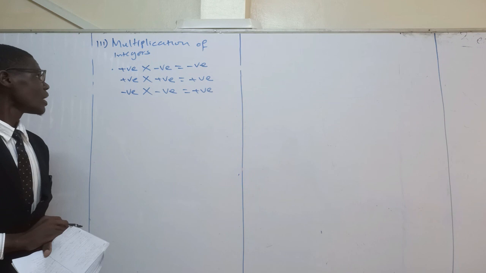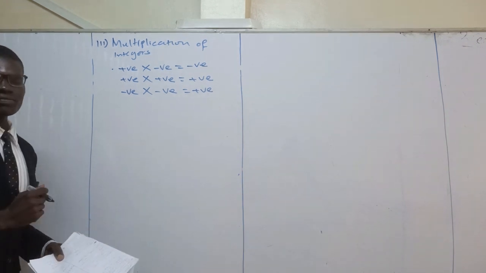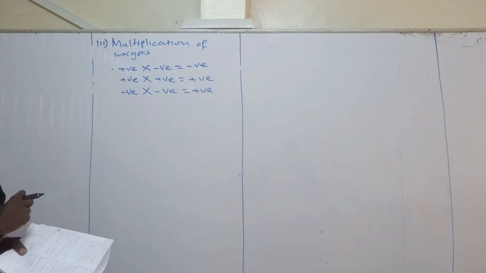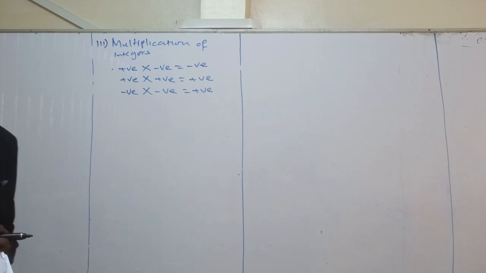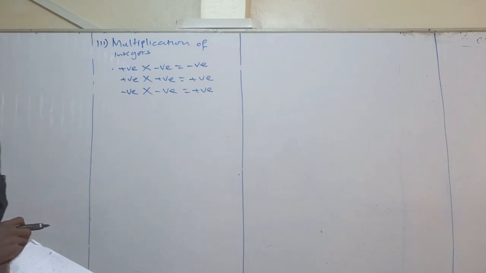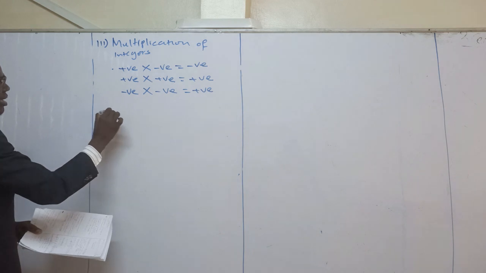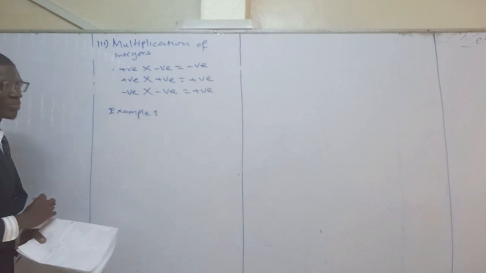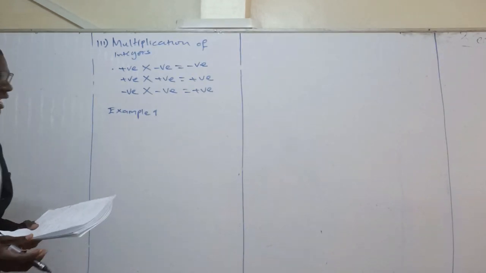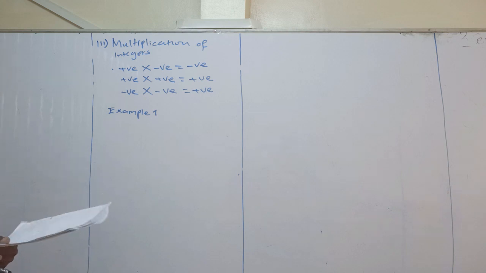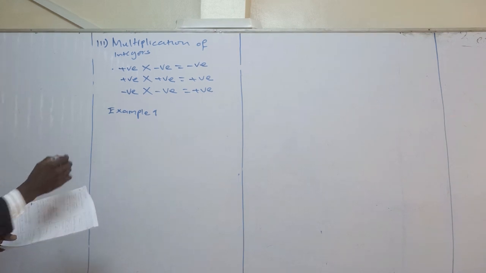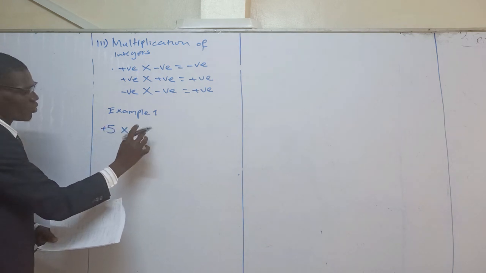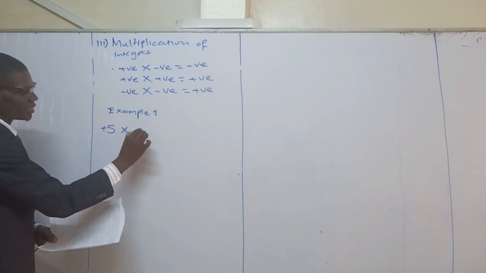Now, having integers that are positive and others that are negative, we can come up with a solution with the sign that is required. Example 1. I can get a question like this: positive 5, I multiply by a positive 4.